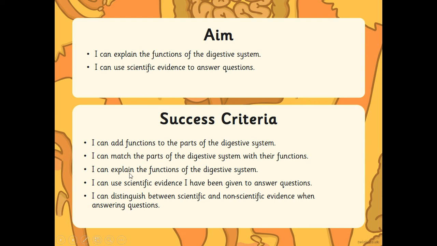And I can explain the functions of the digestive system. And then tomorrow we're going to be looking at the scientific evidence. We're going to use that to answer questions, and we're also going to talk about distinguishing between scientific and non-scientific evidence when answering questions. Okay, so that is for tomorrow that we'll do together. But for today we're looking at the functions, so what the different parts of the digestive system actually do.